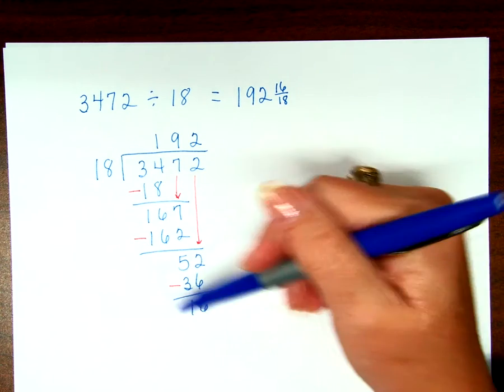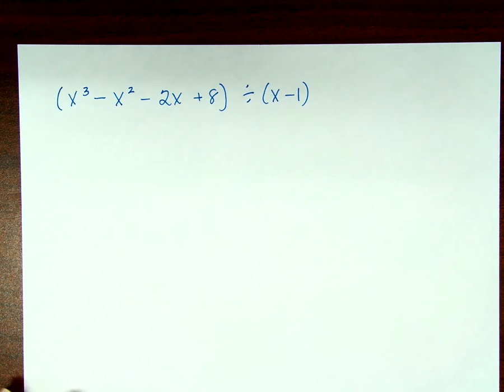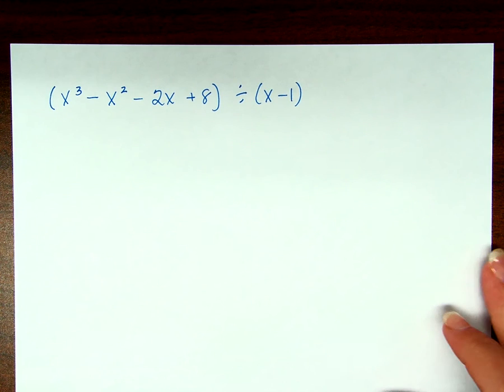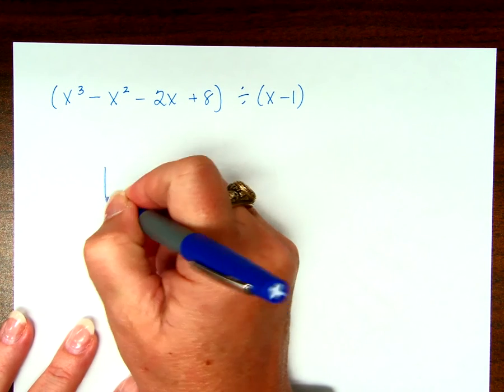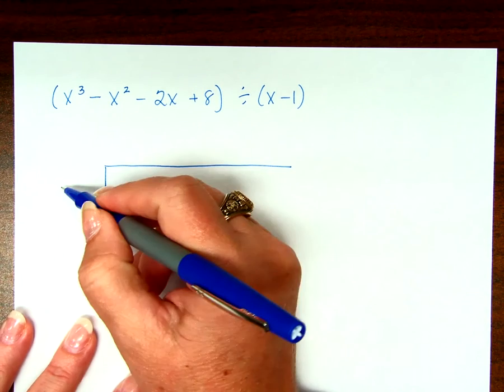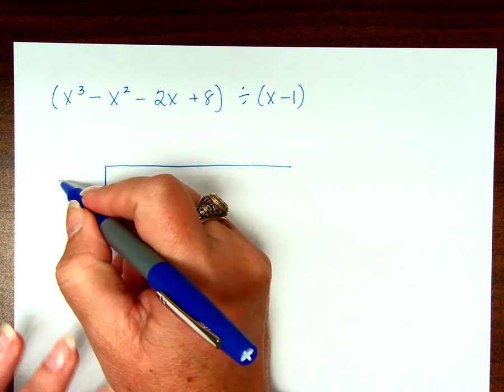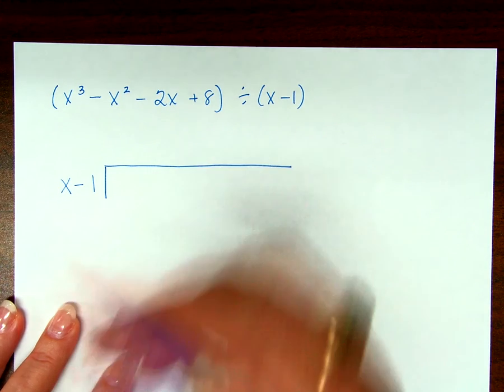And it was important to walk you through the steps because now our problems look like this. And you already know how to do it. Because guess how we set it up? What goes on the outside? X minus 1. What goes on the inside?